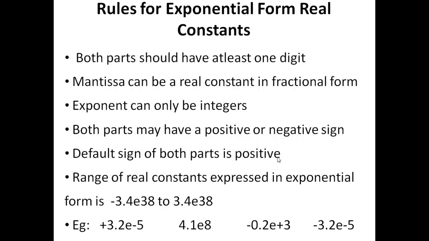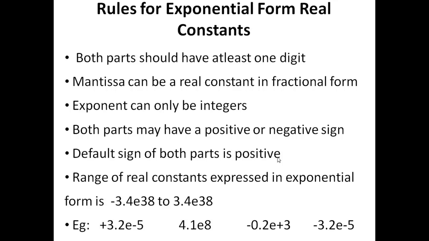We also have some rules for this exponential form. Both parts should have at least one digit, that is, before the E and after the E. The mantissa can be a real constant in fractional form. The exponent can only be an integer. Both parts can have a positive or negative sign, and the default sign of both parts is positive.